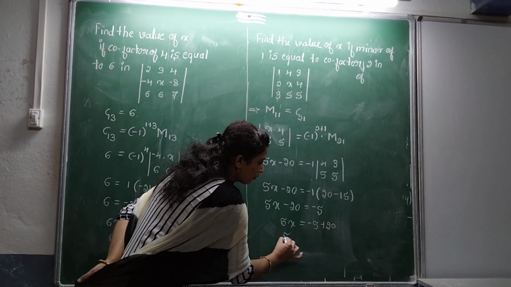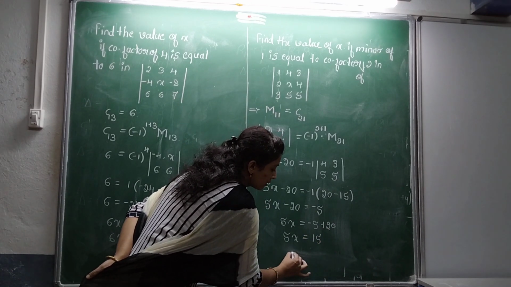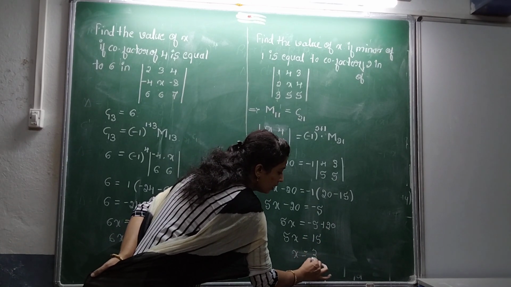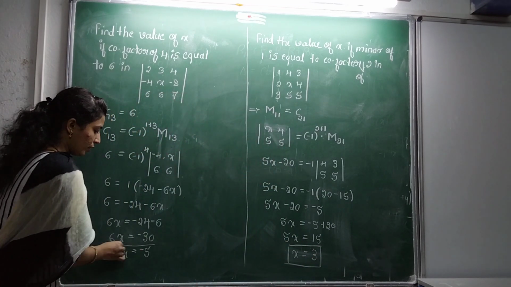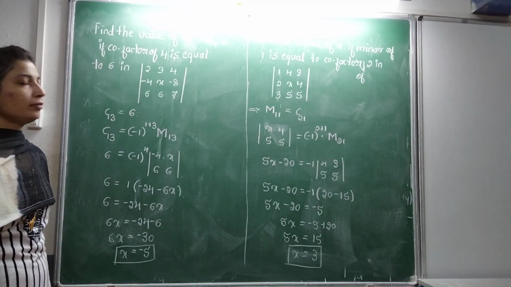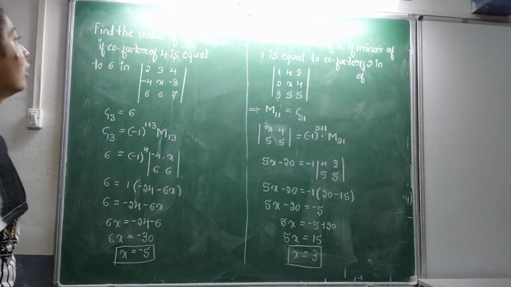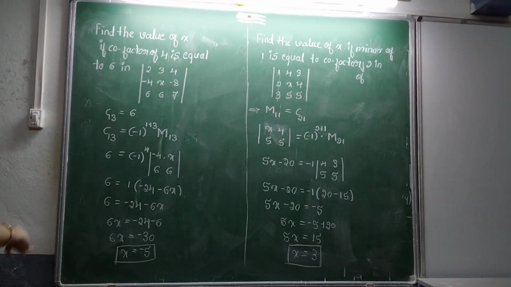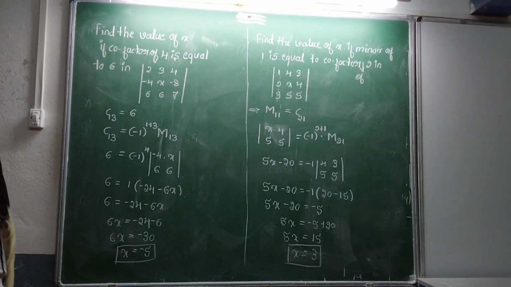So 5x is equal to 20 minus 5, plus 15. x is equal to 5 1s are 5, 3s are, so x value is 3 and x value is minus 5. These are the values of x if the cofactor is given, and if minor and cofactors are both equal, then we find the values of x.